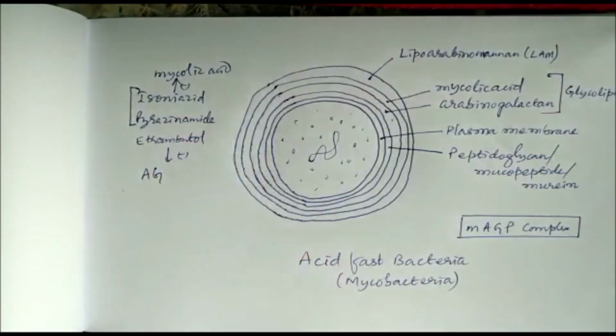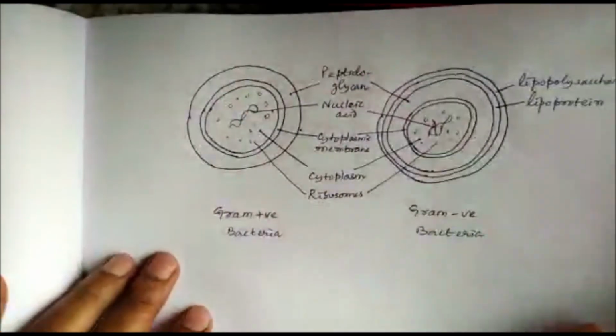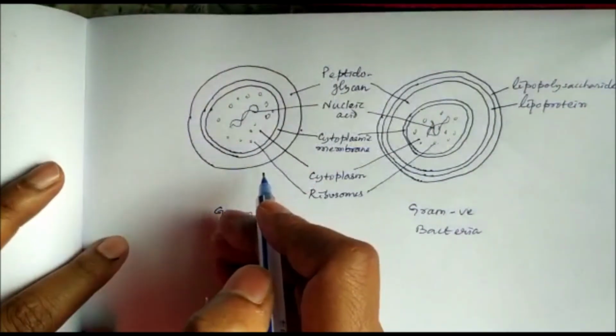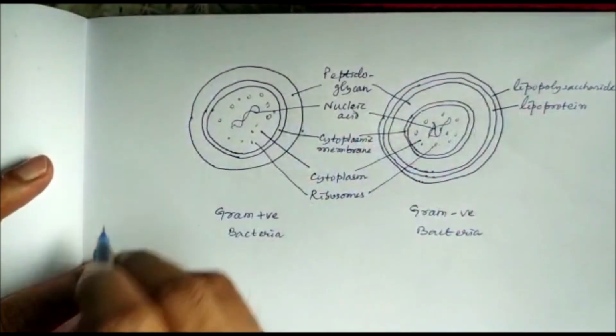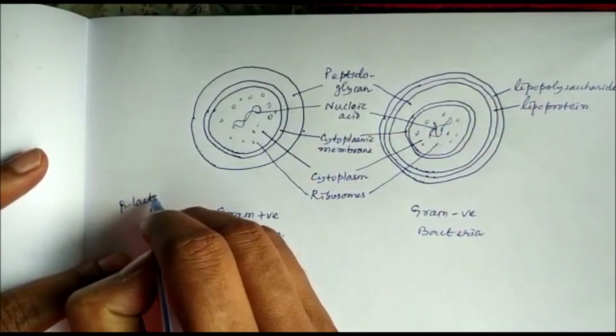Similarly, if we want to inhibit the synthesis of peptidoglycan, then we can have drugs like beta-lactam antibiotics.